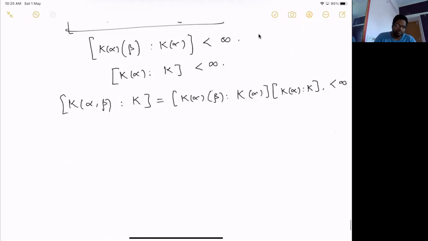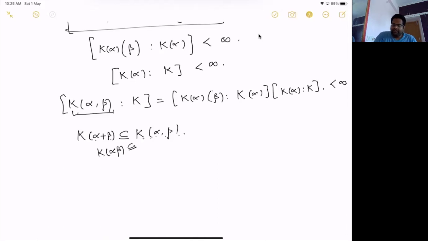Now look here, this is the important part. K of alpha, beta is a field. In particular, this contains K of alpha plus beta, because alpha plus beta is already contained in K of alpha, beta. And it also contains K of alpha beta.